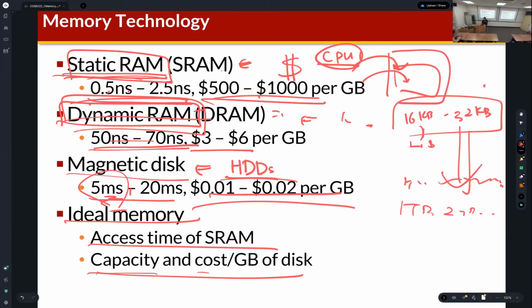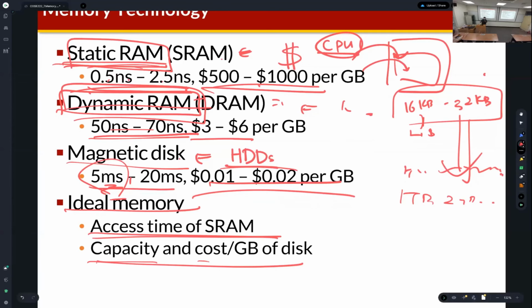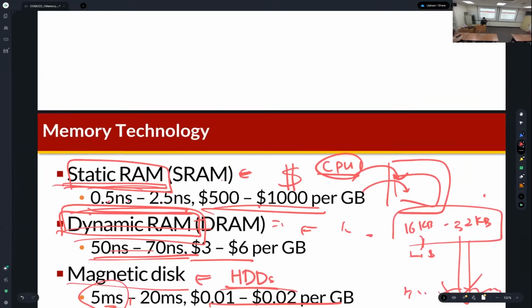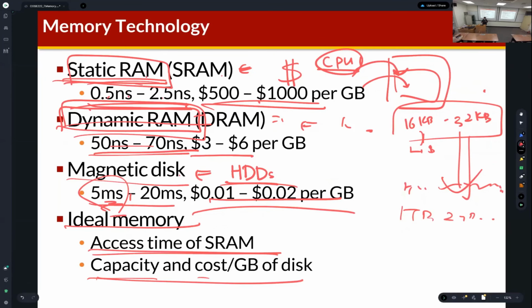So we require the capacity and cost of the magnetic disk, but we also require the performance of SRAM as well. But it's not possible. So that's why we organize the memory hierarchy. The memory hierarchy exploits locality. Which means that if locality is not observed in our application, we cannot utilize the memory hierarchy.